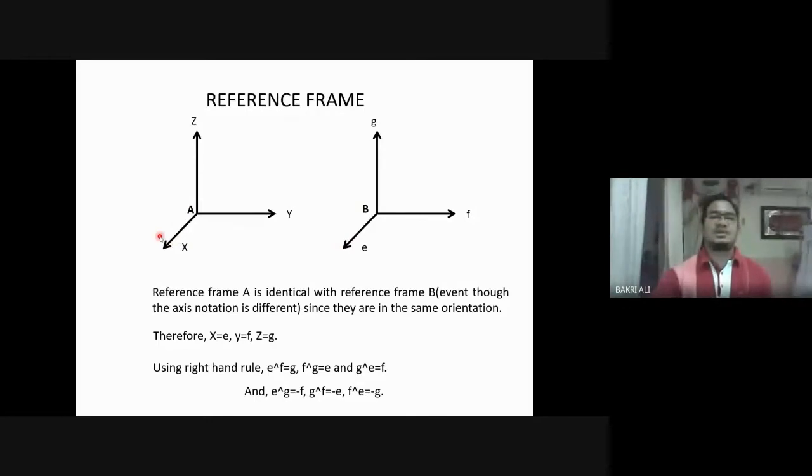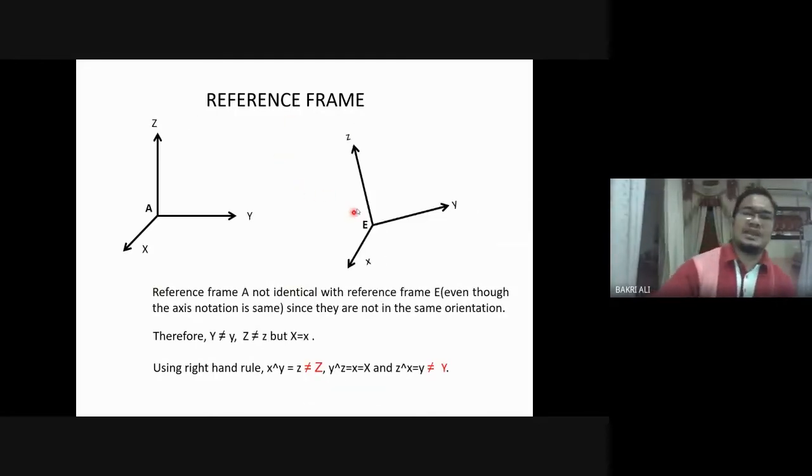If the arrow is opposite, then one is the negative of the other. Therefore, E cross F is similar to X cross Y, producing Z: E cross F producing G, G cross E producing F, F cross G producing E. And if you go clockwise, then we get the negative: E cross G is negative F, F cross E is negative G, G cross F is negative E.